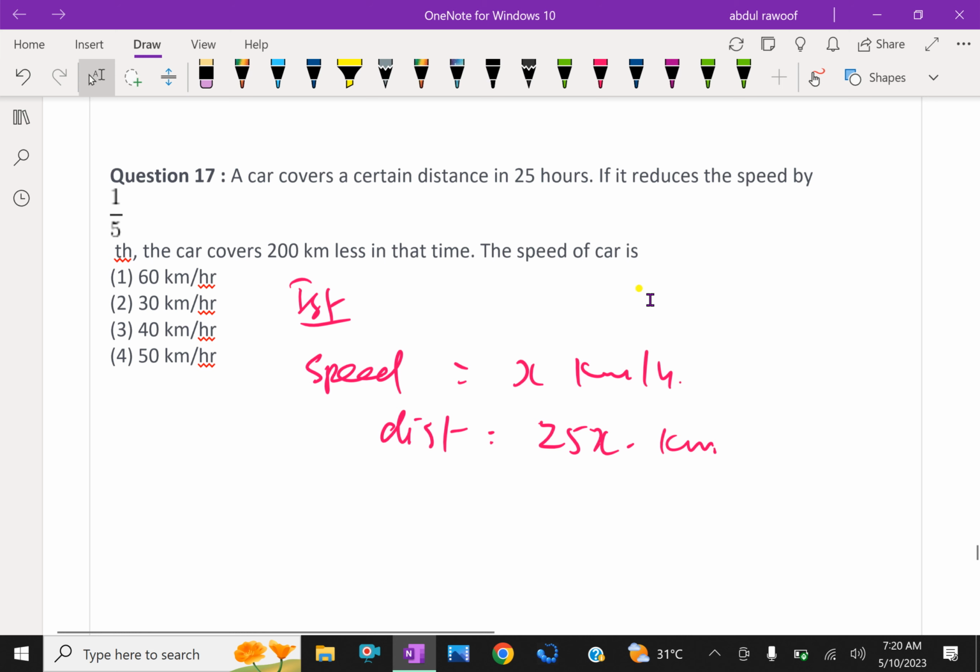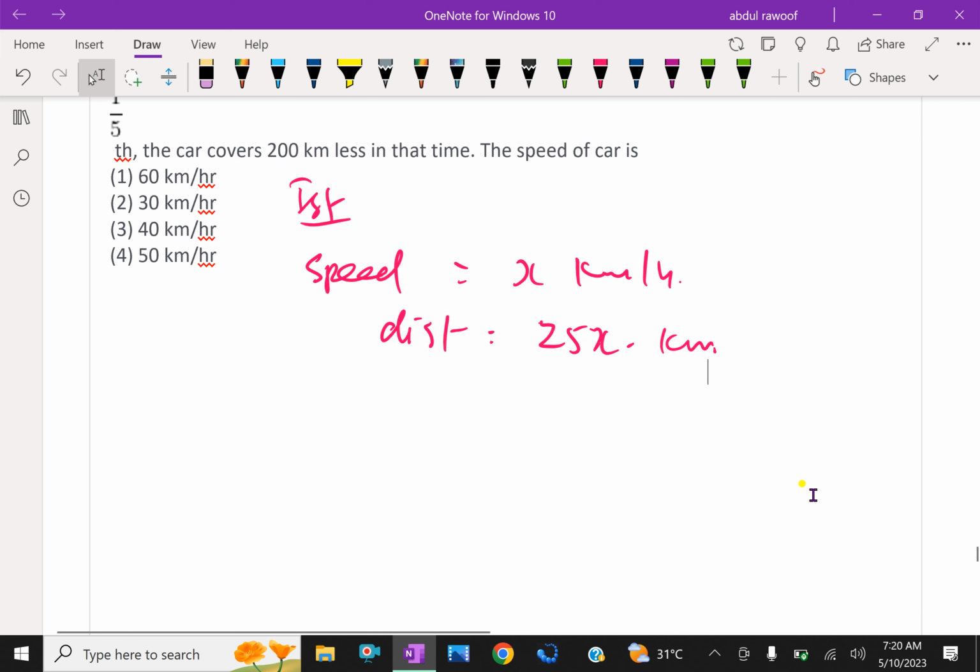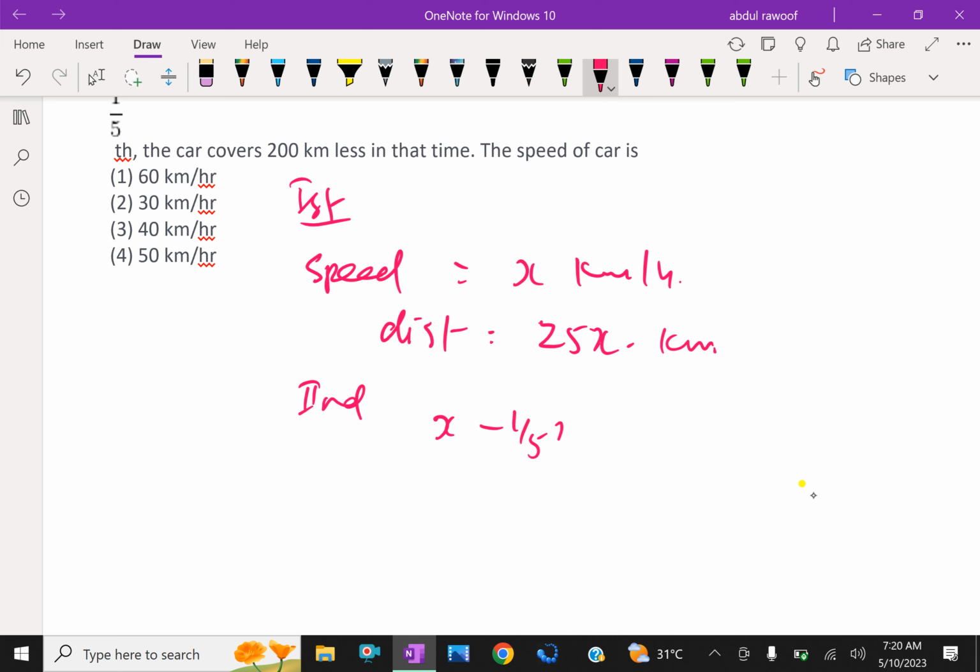Now, the second case, if it reduces the speed by 1/5, therefore, in the second case, the speed is x minus 1/5 of x, which is 4/5 of x.